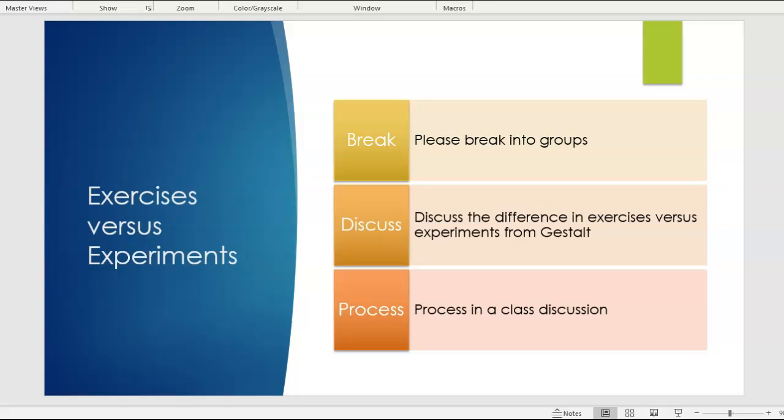So we'll make sure that we understand that exercises are ready-made techniques that are sometimes used to make something happen in the therapy session or achieve a goal. They're catalysts for individual work or for promoting interaction among members of a therapy group. An experiment, in contrast, grows out of the interaction between the client and the therapist and may emerge within the dialogue.